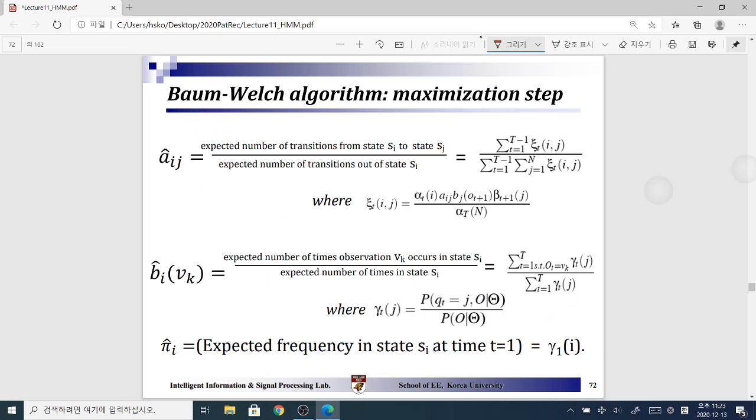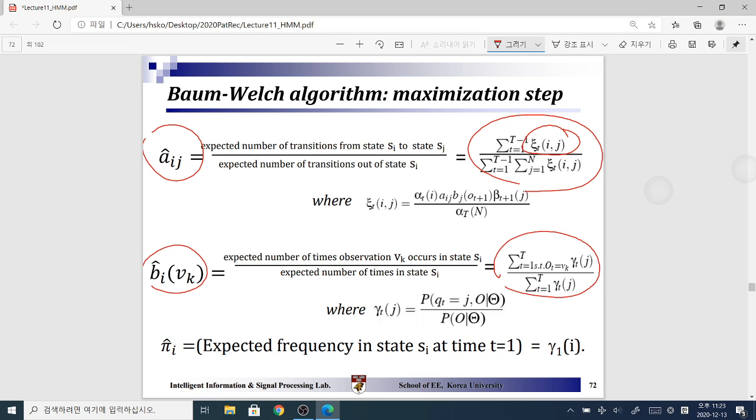Okay, so the Baum-Welch algorithm maximization step is to obtain A sub ij by having this ratio, where each of these psi sub t is obtained by this ratio. And the emission probability B sub j of v sub k would be obtained by this ratio, where inside of this there's a gamma which is obtained by this ratio.